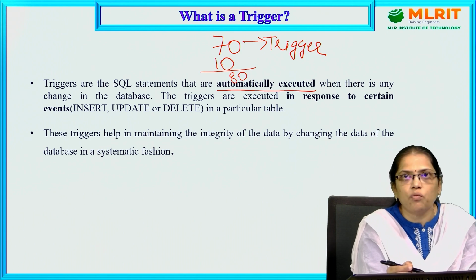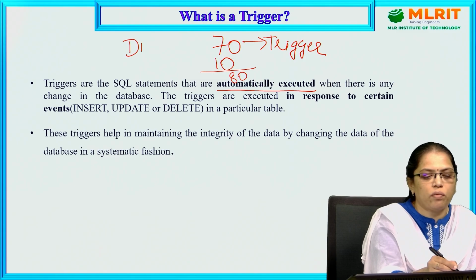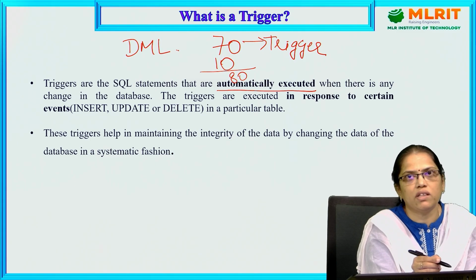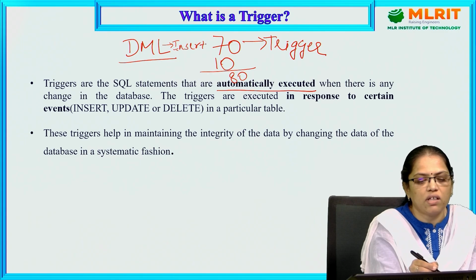And the next thing we need to remember is triggers are only executed to perform DML operations, that is data manipulation language operations. In DML, we have three types of operations. The first one is insert, the next one is update, and the last one is delete.